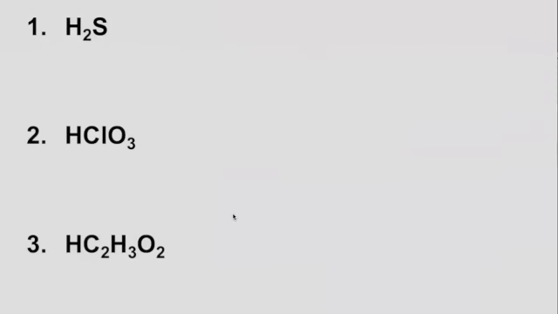Here is for you to practice. First, ask yourself a question. Is it a binary or is it an oxo acid? So if it's binary, you're gonna start with the word hydro.